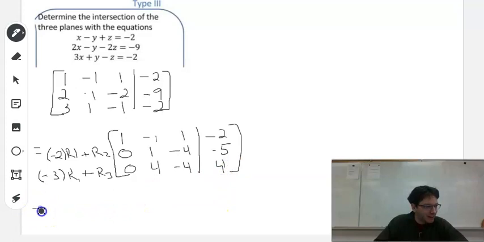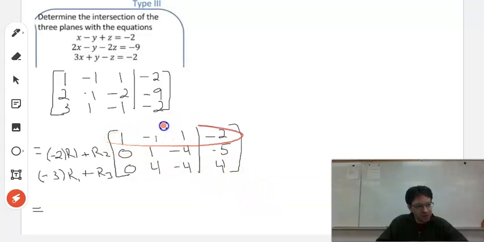And then finally, I need to complete this triangle here. I want all those to be 0. I'm going to need that to be 0. So to do that, remember I don't want to work with the first row, because if I work with the first row, that term will no longer be a 0 anymore, right? 1 times anything other than 0 plus 0 is not going to be 0 anymore.